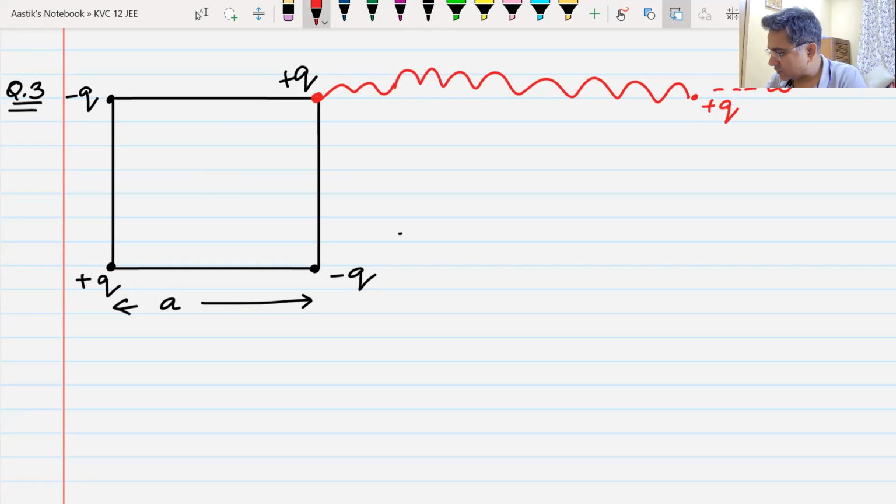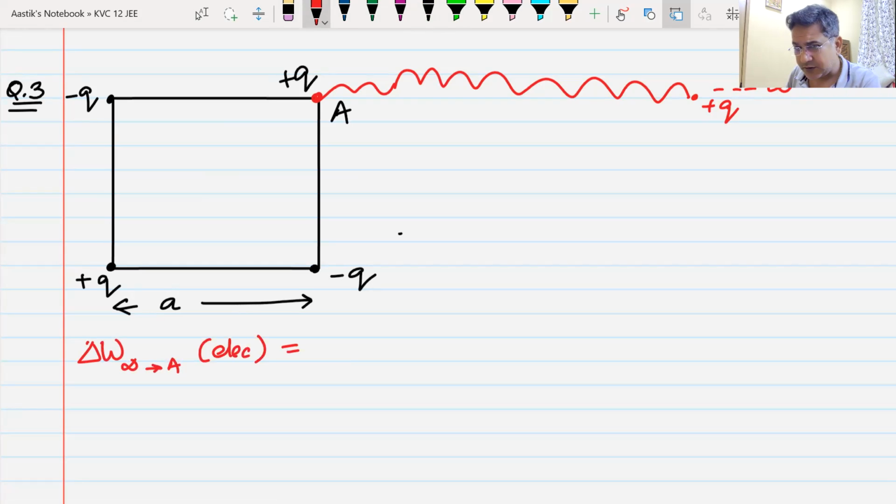Let me call this position as A. So basically what you are telling me is the work done to bring the charge from infinity and placing it at the point A by the electrostatic forces.